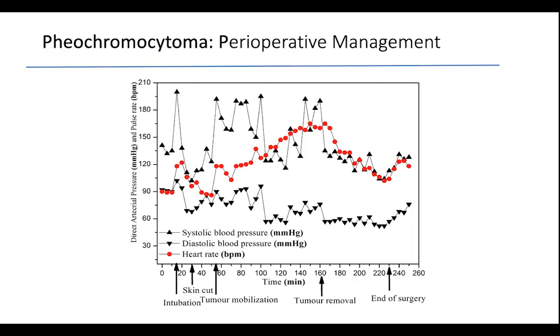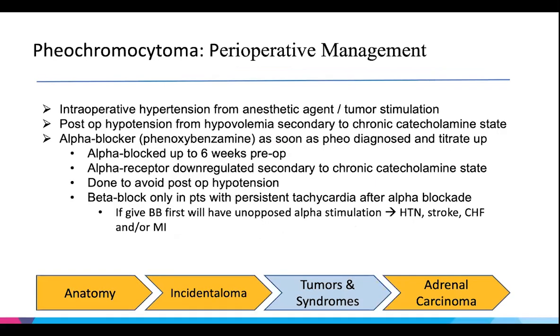You can see here a pathway of how the blood pressure and heart rate respond throughout the procedure at different time points, from tumor mobilization, tumor removal, and the end of surgery, just highlighting how important it is to have the medical management in place while going to the operating room. So that discussed part of this.